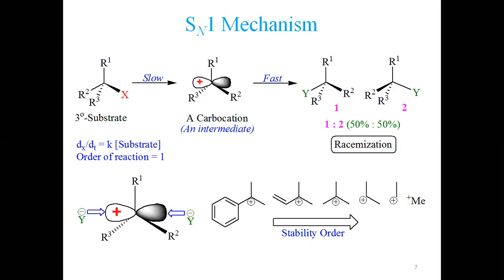If, let's say, there is no pi orbital involved here, there is no pi bond in this case, then we shall have only hyperconjugation. This positive charge shall be stabilized by hyperconjugation forms. So hyperconjugation gives you less stability, resonance gives you more stability.